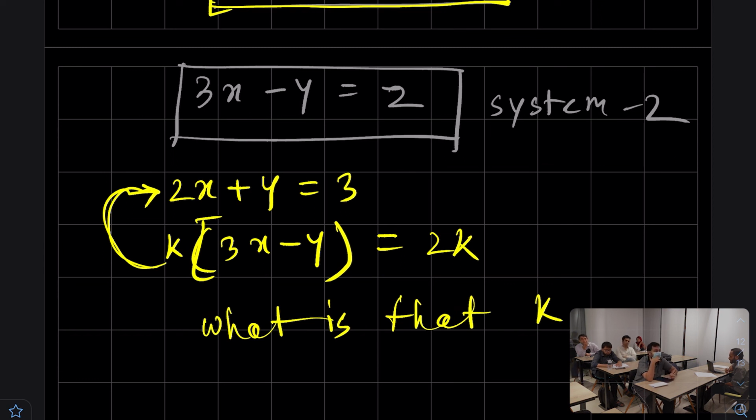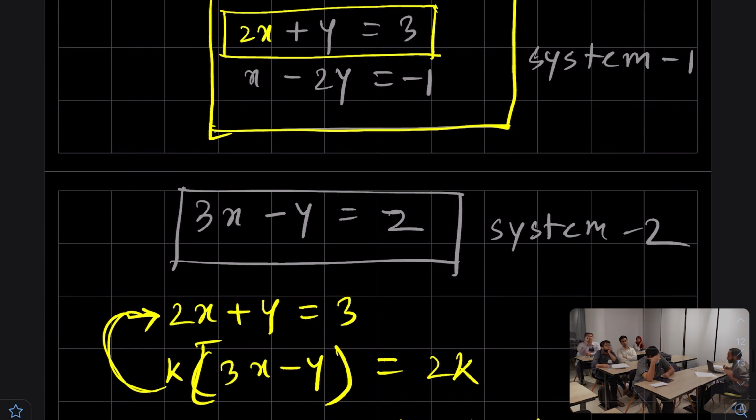And also the coefficient of y will be something else. So that tells us that I cannot write an equation of system 1 as a linear combination or as a multiple of the equation forming system 2.